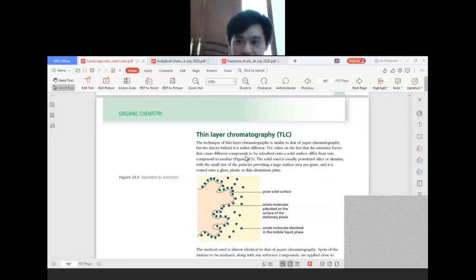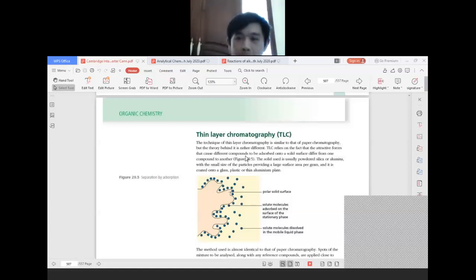TLC relies on the fact that the attractive forces that cause different compounds to be adsorbed onto a solid surface differ from one compound to another. So TLC is thin layer chromatography. There is a layer, and the layer is the solid surface.